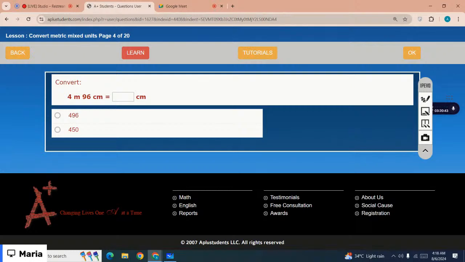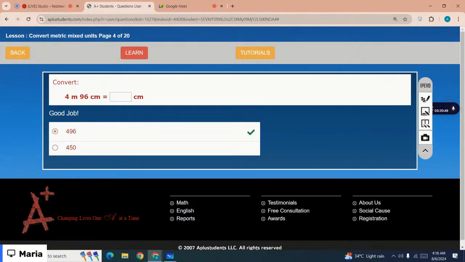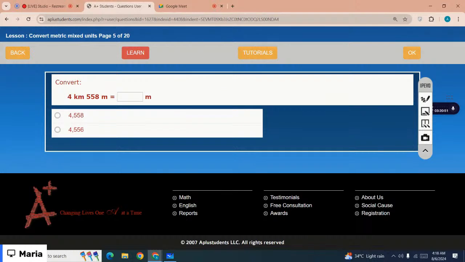That is option number 1. 496 centimeters is the correct option. 4 kilometers 558 meters.